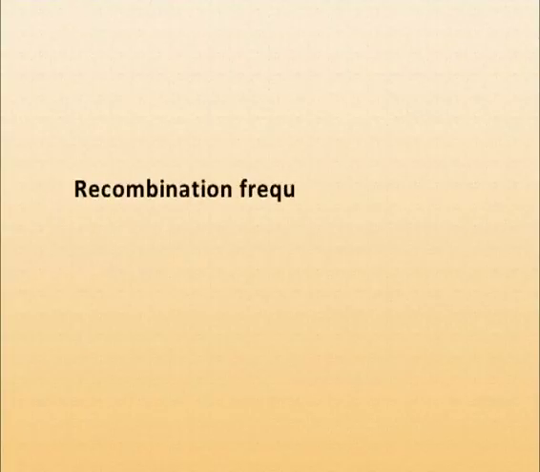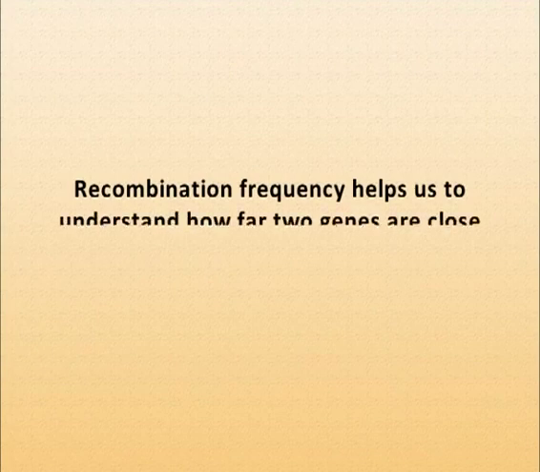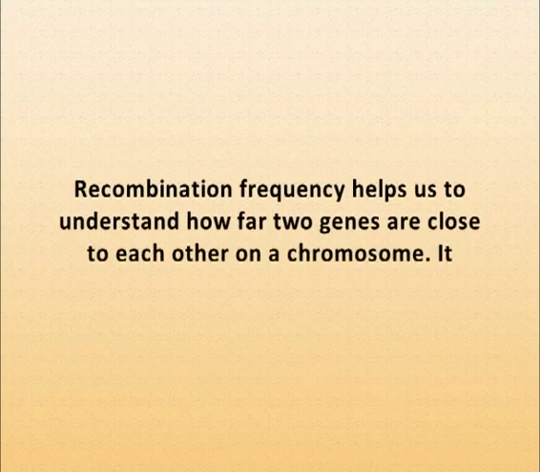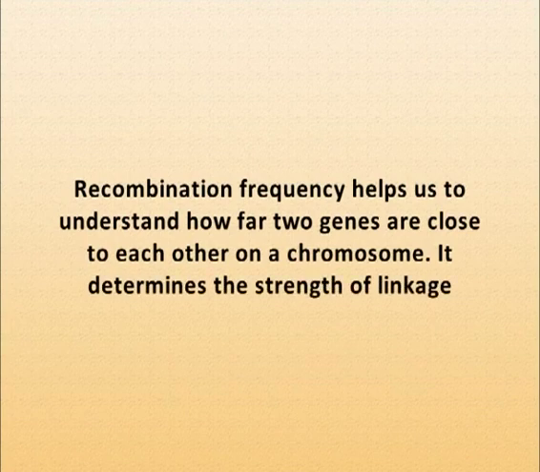Recombination frequency means the total number of recombinants out of the total progeny produced. Recombination frequency helps us to understand how far two genes are from each other on a chromosome. It determines the strength of linkage. The greater the recombination frequency, the greater the distance between the two genes, because there are more chances of crossing over.